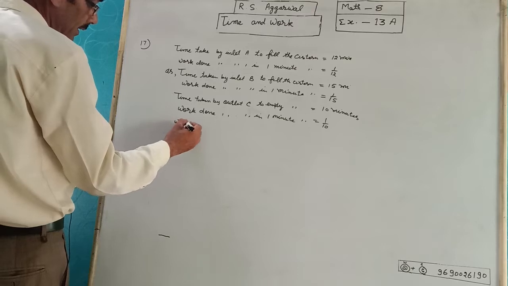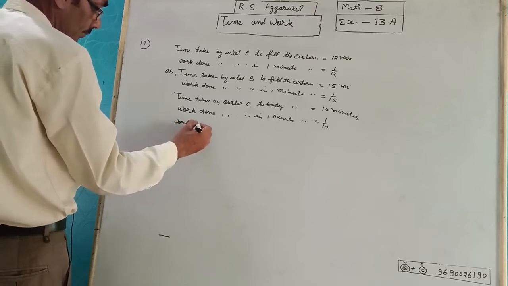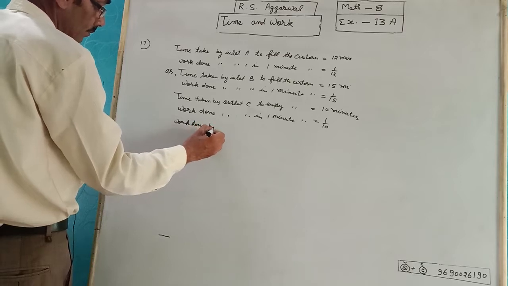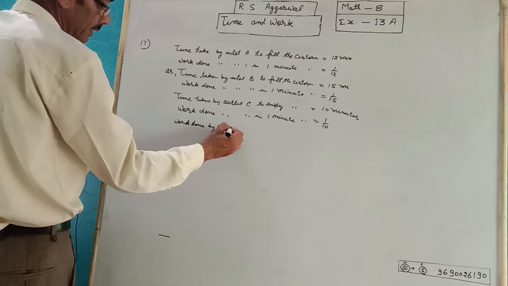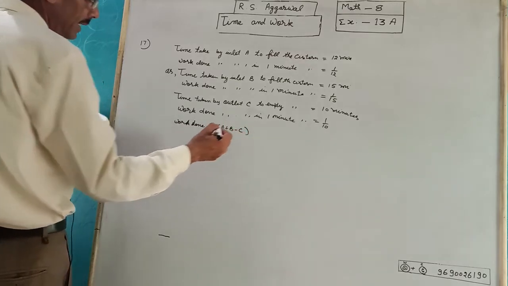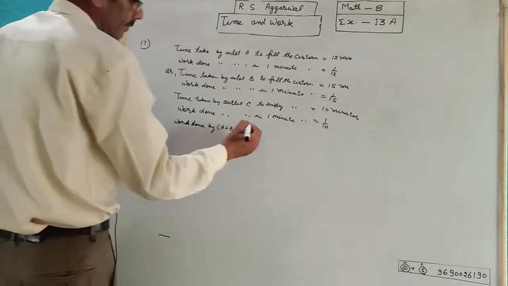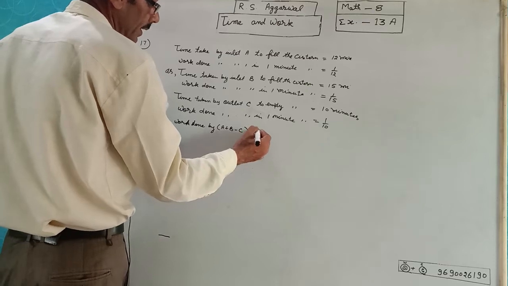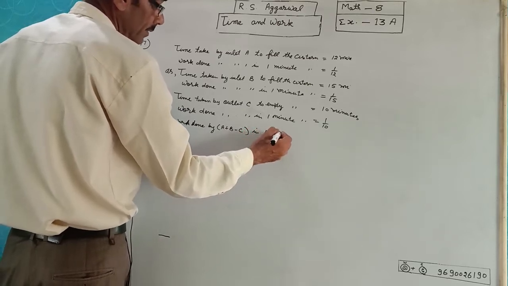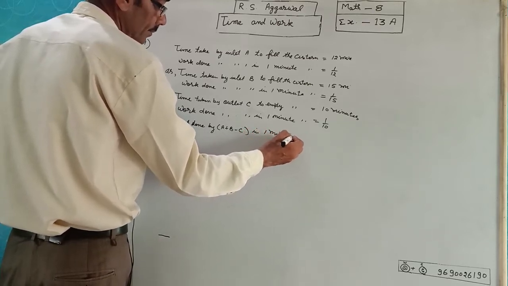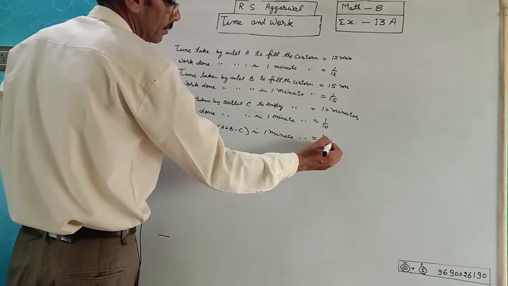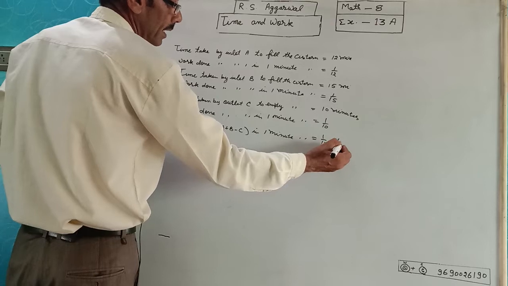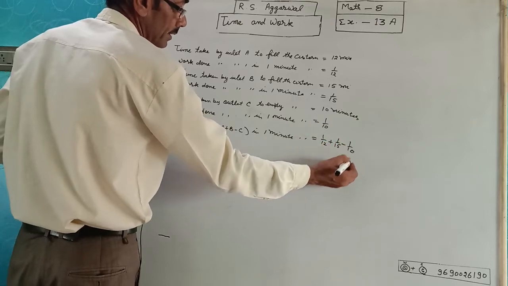Work done by A plus B minus C in 1 minute is equal to 1/12 plus 1/15 minus 1/10.